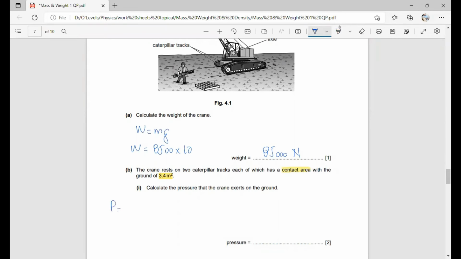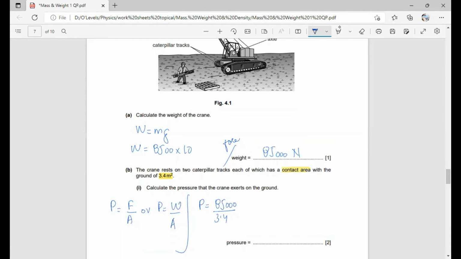So pressure becomes F upon A, where the force is the weight W. So pressure becomes 85,000 divided by 3.4.